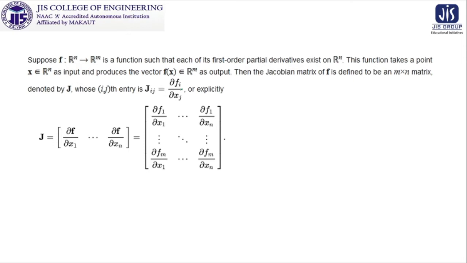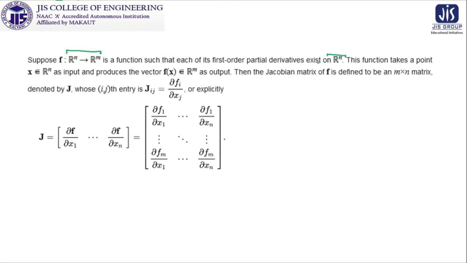This is the general definition, and that is why it is given in this form: we are taking a function from Rn to Rm, and all the first order partial derivatives exist on Rn.